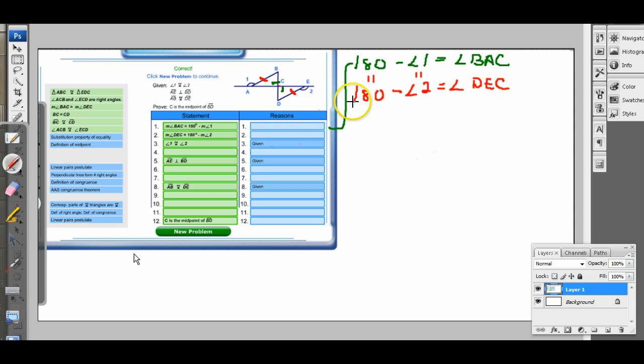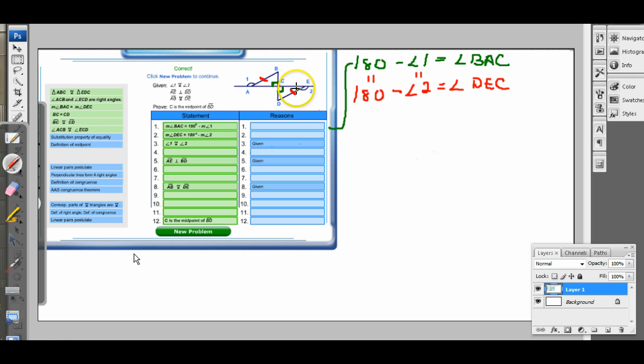We've got our two right angles, we've got our two sides that are congruent to each other, and we're told that angles 1 and 2 are congruent.